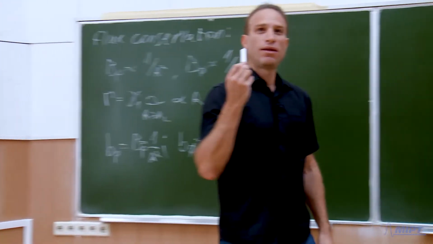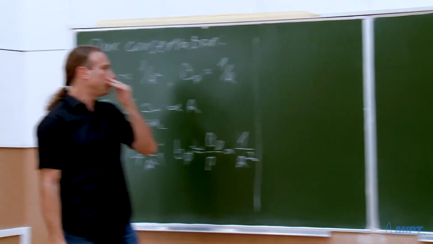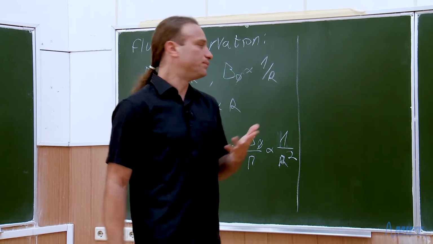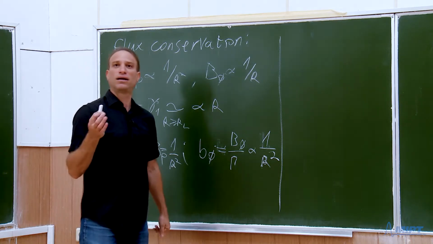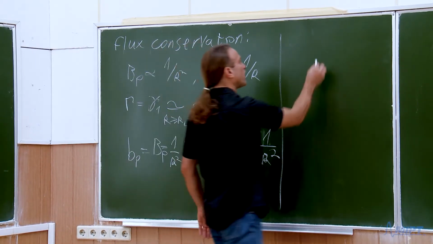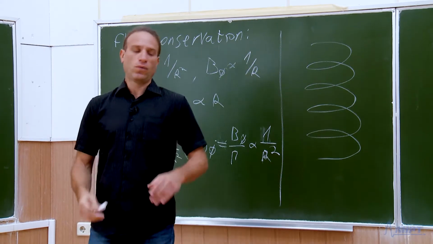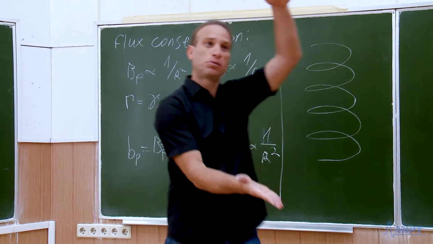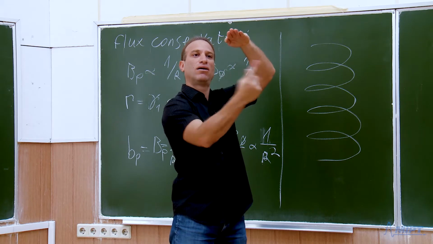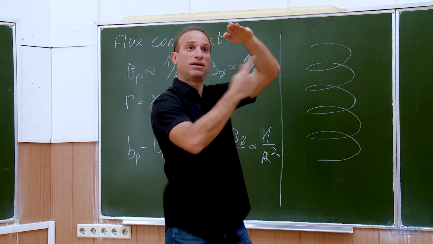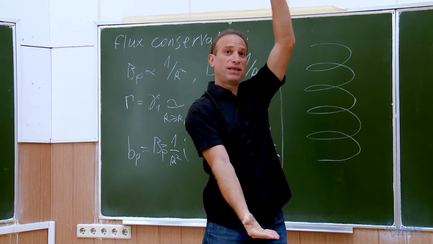So let's try to picture that. I find it very useful when you have a picture in your head of what is going on. So in order to understand that, let's imagine a spring. Magnetic field looks kind of like a spring. Large B phi means that the spring is compressed, the density of the coil is very high, and when B phi is low, the spring is decompressed.